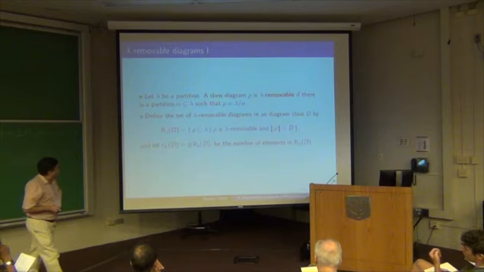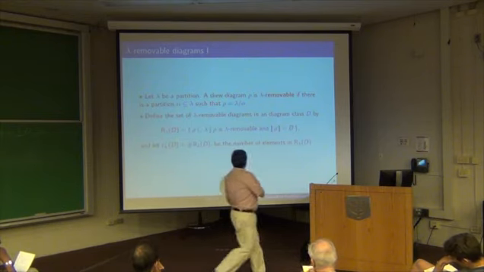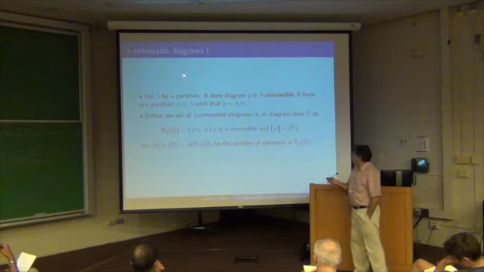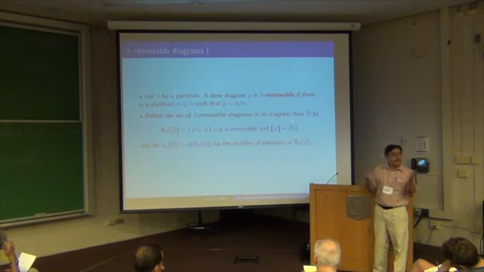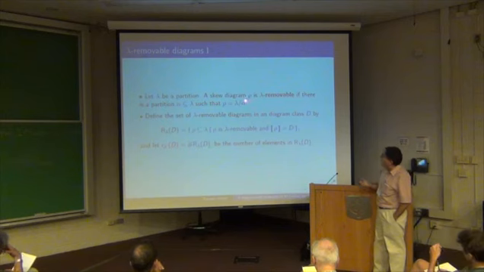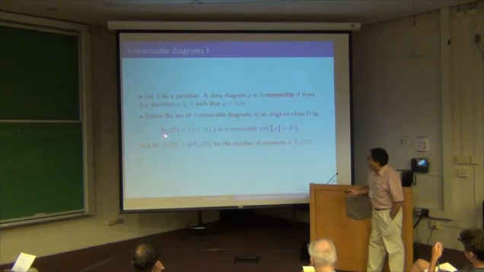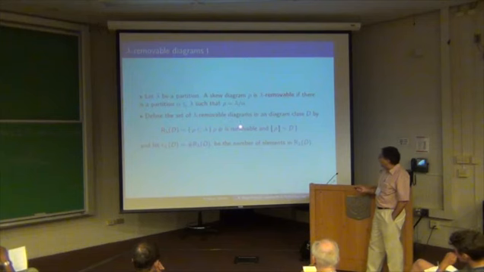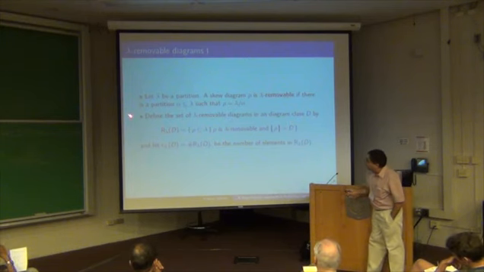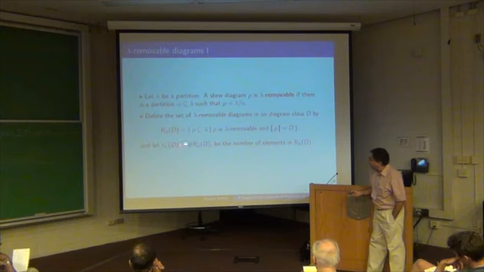But before that I will make the following definition. Take a diagram class D. By this I mean an isomorphism class of skew diagrams. And then R lambda D denotes the set of all lambda removable diagrams of the isomorphism type D, and by small r lambda D we denote the cardinality of this set.